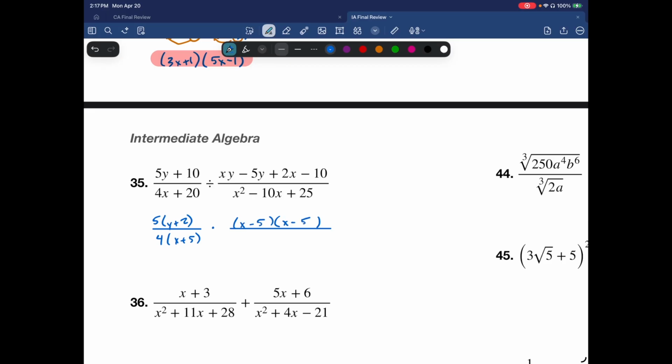I got 4 terms on top, so I need to factor by grouping. And so I can take a y out, and that's going to give me x minus 5, plus 2, and that's going to give me x minus 5. So when I finish this, this is going to be x minus 5, y plus 2. And so now I can get rid of stuff. I can get rid of the y plus 2, and get rid of the x minus 5. And so I'm left with 5 times x minus 5 over 4 times x plus 5.